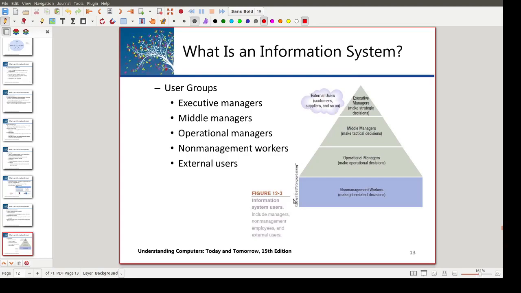So from inside your enterprise or organization, you have this hierarchy. Executive managers make the strategic decisions, middle managers make tactical decisions, operational managers make operational decisions, and non-management workers are not concerned about making decisions, but about making job-related decisions, how to make the job run correctly. Okay.